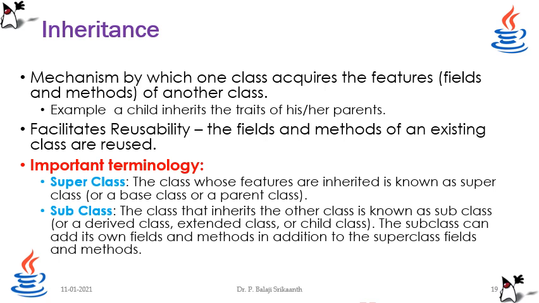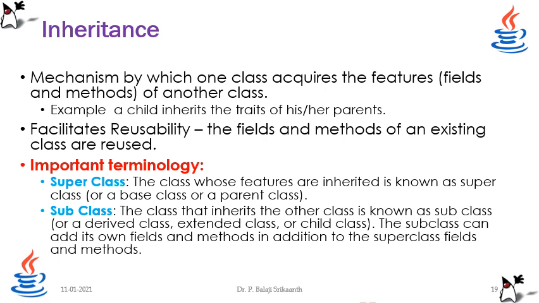In order to learn inheritance, we should know the following terminology, namely the superclass as well as the subclass. Superclass: those classes whose features are inherited by the subclass. The subclass: the class that inherits another class is known as a subclass.